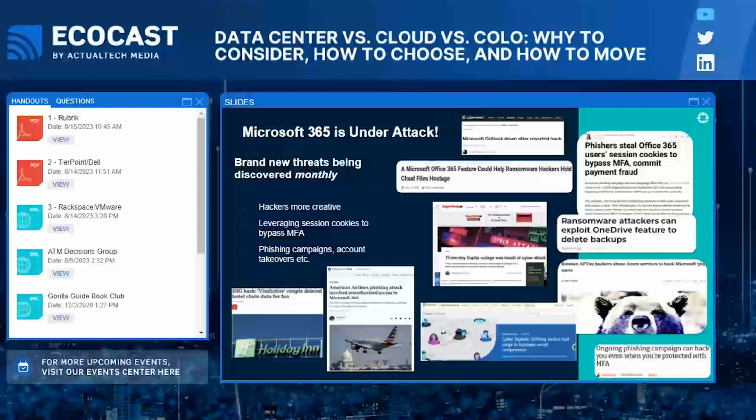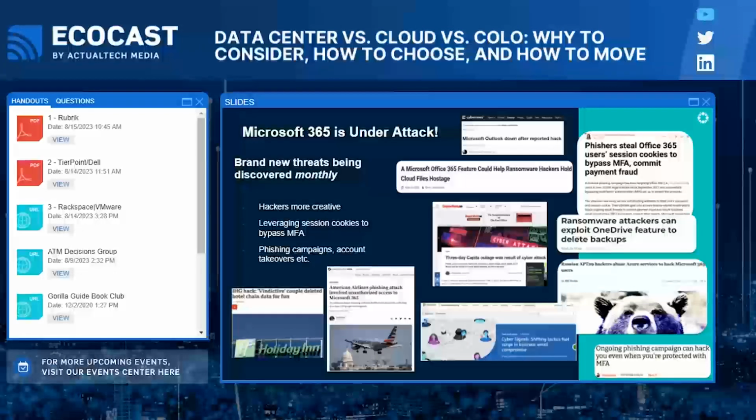Don't think that because your data is in a SaaS platform that it's protected. As I mentioned, their responsibility is to the uptime of the infrastructure and the service itself, and not necessarily to your data. So you have to protect this data like you would protect your on-premises workloads, ensuring that you can recover if the data were to become compromised.